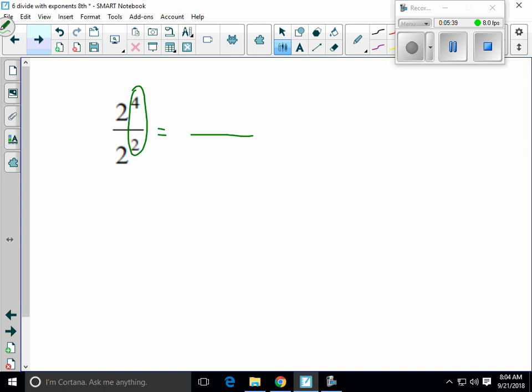I only have 2 in the denominator. So when I divide these, it's going to be left in the numerator, and then subtract the exponents. 4 minus 2 is 2. I can put a 1 on the bottom as a placeholder, but dividing by 1 doesn't change anything. Your teacher probably will not write that 1.